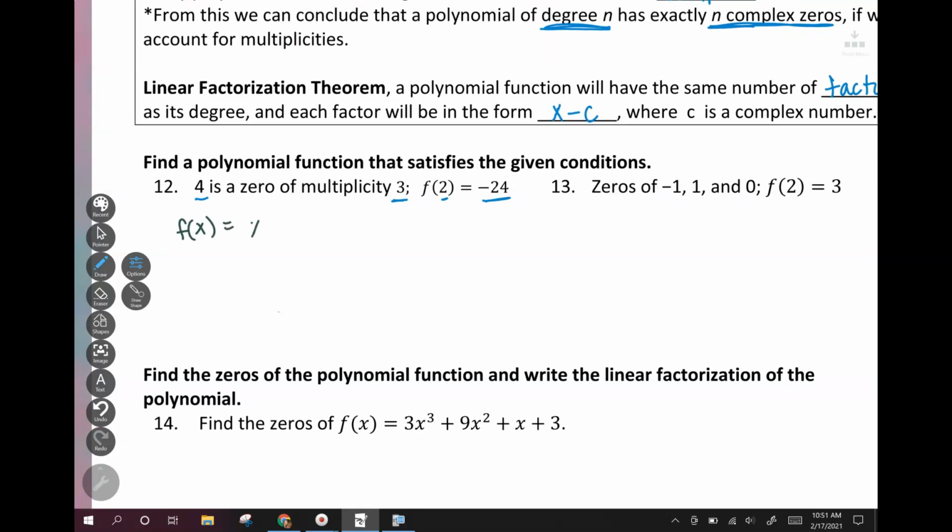So that is x minus 4. And then because it has multiplicity 3, we're going to cube that, right? And so how many factors does this polynomial have? It has 3 factors. I just wrote them all together with a cube. Now I don't know what my coefficient is here, so I'm just going to call it a.